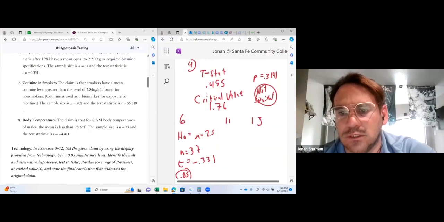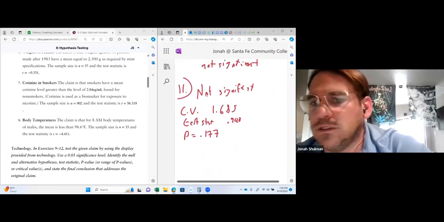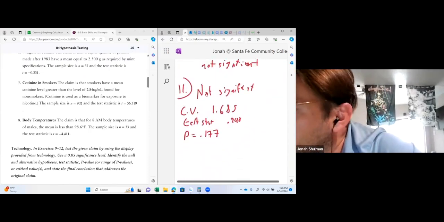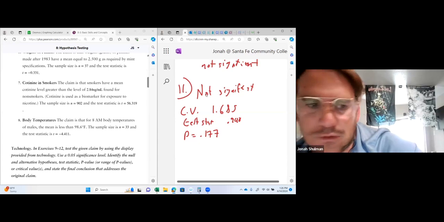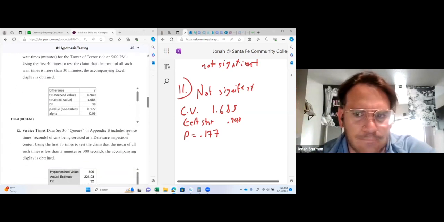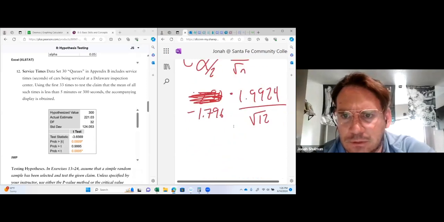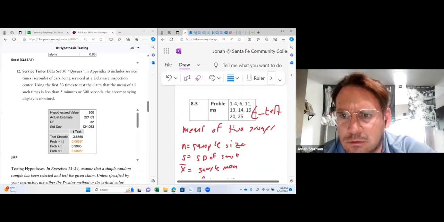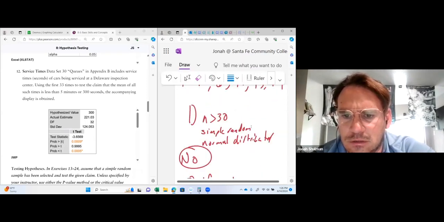All right, let's go to 13. Well, I can see if I did that right. Oh, fail to reject the null. Perfect. I like it. Let's look at 13. It's 13, right?